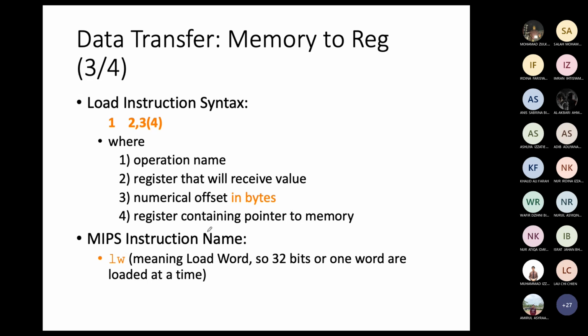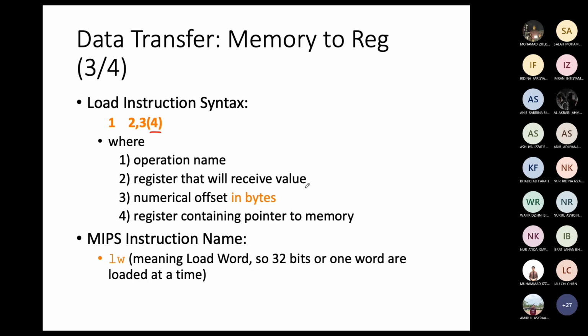What is the syntax of memory to register? If we want to load data from memory to register, we still use the same syntax: 1, 2, comma, 3, but this time we have a bracket. 1 here is the operation name, and 2 here is the register that will receive the value.